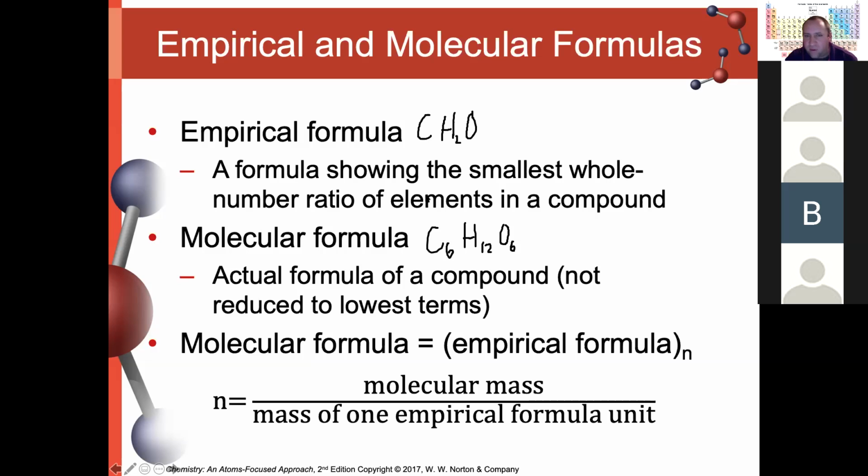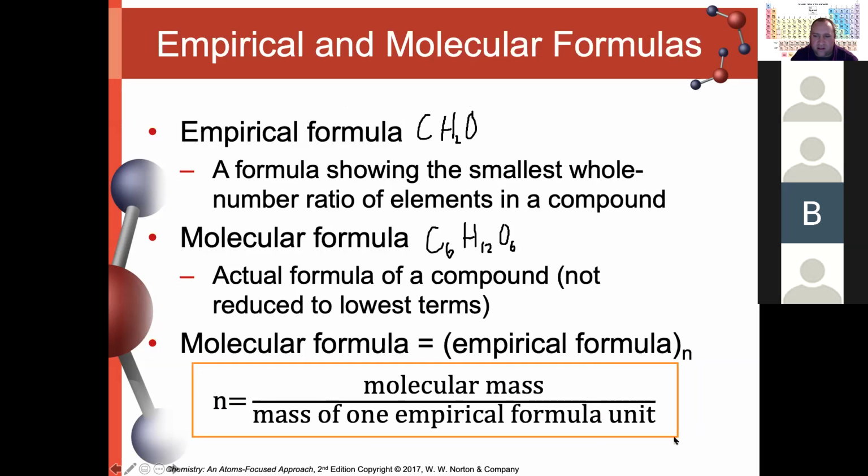And so the way that we do that is through this formula of conversion, which says that there is a relationship between the empirical formula and the molecular formula. There's a multiplier of sorts. We're going to call that multiplier n.